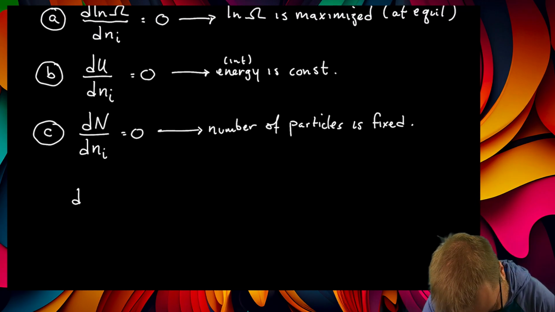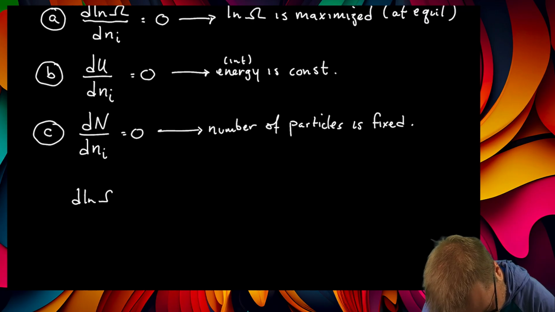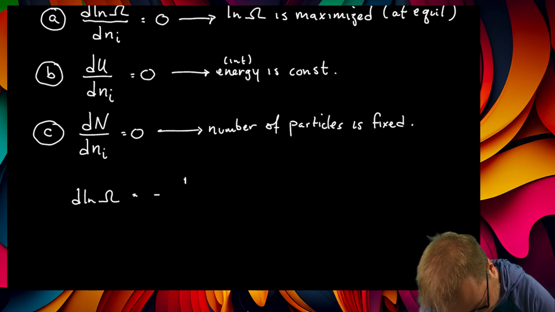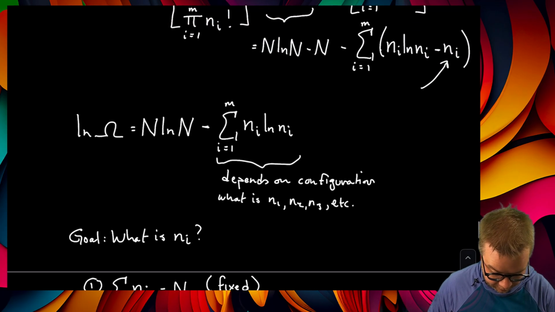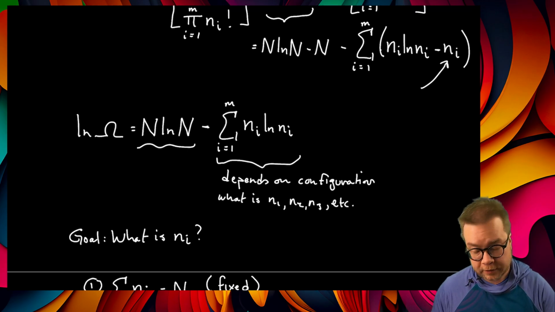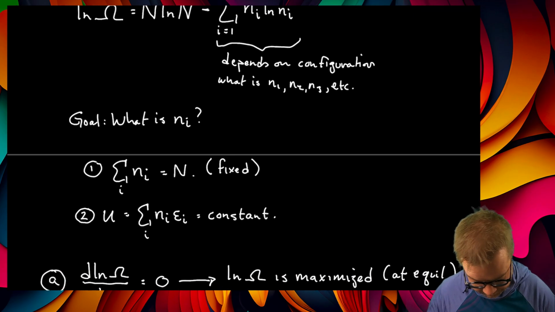So d log omega we can write as minus the summation over i. We're just taking the derivative. If you look here, this first term is a constant, so that's going to go away, and we're just left with everything else.